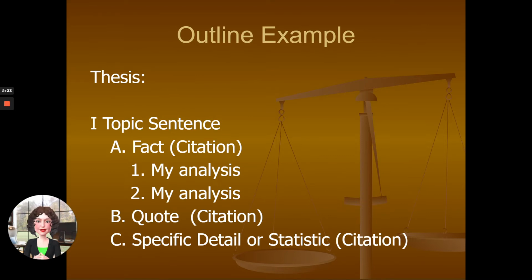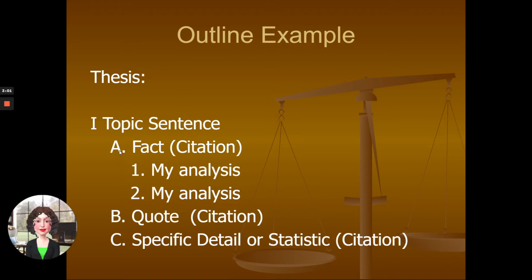Okay, so your outline should state the thesis at the very top. It should be your refined thesis, and it should be the one that will go in your paper. Roman numeral 1 will be a full topic sentence. Just like in the last essay, the topic sentence should be an argumentative sentence that connects back to your overall argument in the thesis statement.